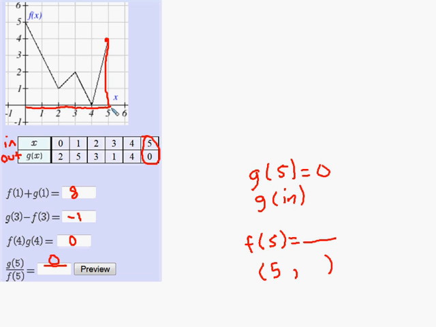It would be (5, 4). Again, the fact that (5, 4) is a point on f, by definition means f of 5 equals 4. They mean the same thing. If the input's 5, the output's 4. So I get that f of 5 is 4, but as I said before, 0 divided by anything is 0. So my final answer on the last question is simply 0.